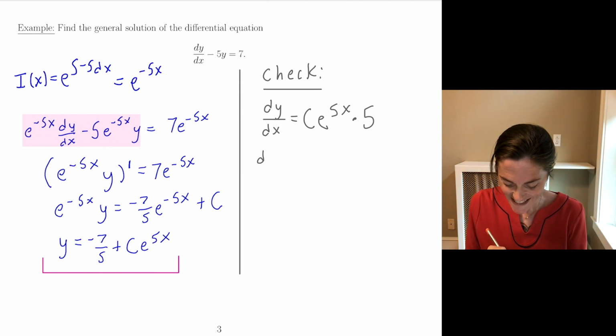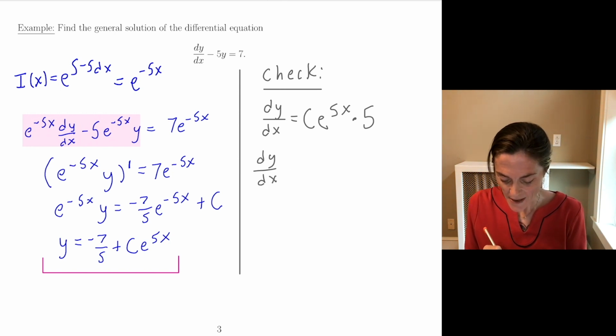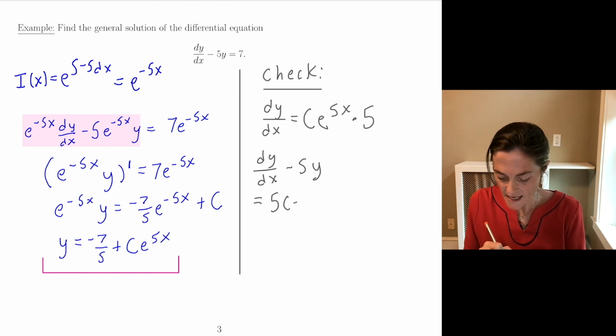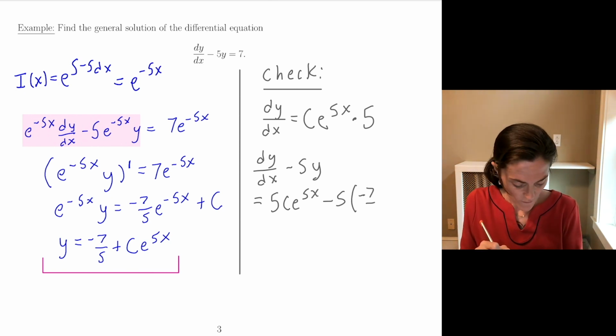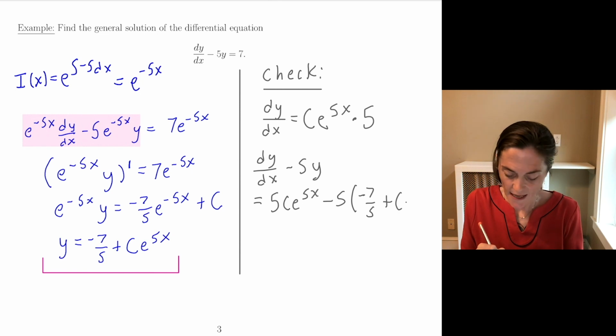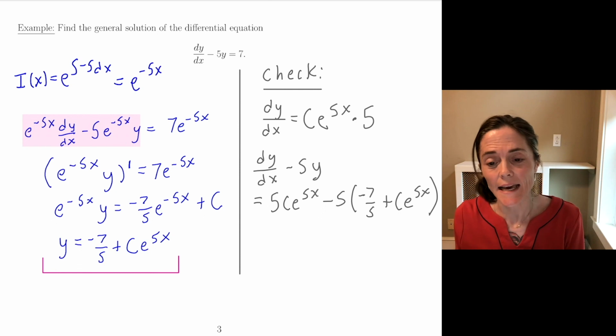So dy dx minus 5y, this is 5c e to the 5x minus 5, and then y itself was minus 7 over 5 plus c e to the 5x. What do we get?